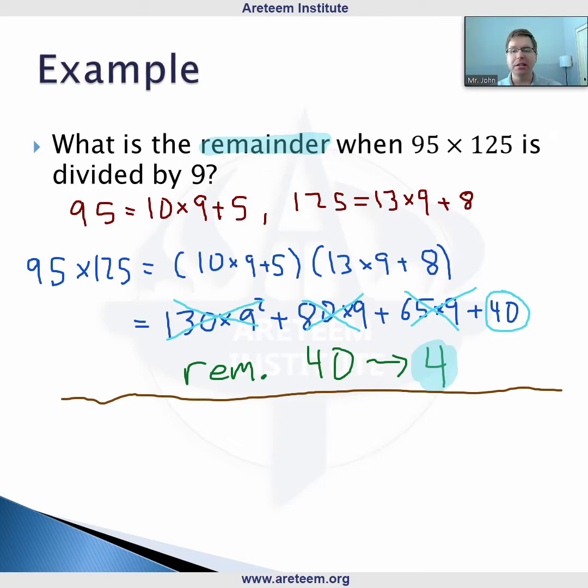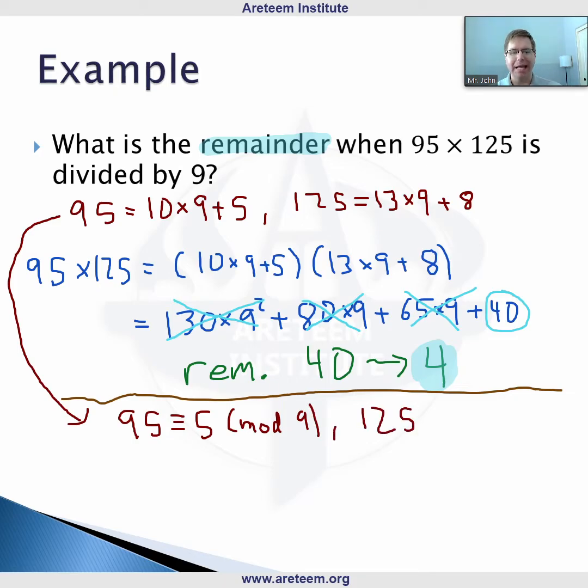So let's do pretty much the same thing in this case. Let me write my first line in some modular arithmetic notation. What we're saying here is that 95 is congruent to 5 mod 9. They have the same remainder when we divide by 9. Likewise, 125 is congruent to 8 mod 9. What we demonstrated above is that when we're doing this multiplication, all that matters is those equivalents.